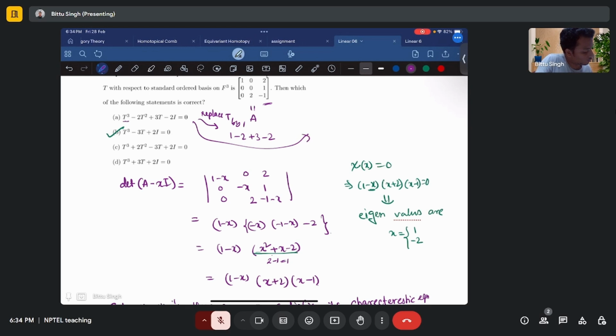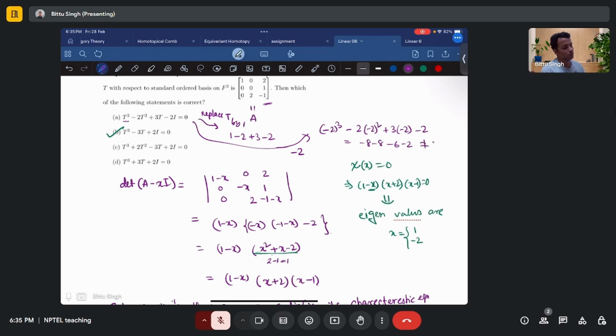But if we replace T with minus 2, then we get minus 2 cubed minus 2 times (minus 2) squared plus 3 times minus 2 minus 2, which is minus 8, then minus 8, then minus 6 minus 2.